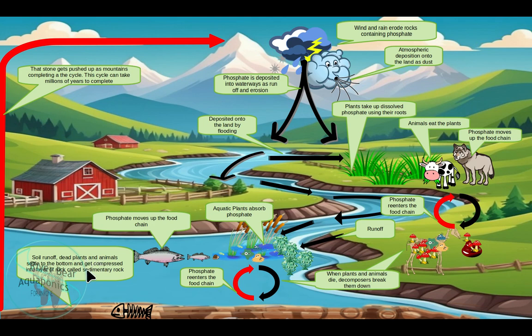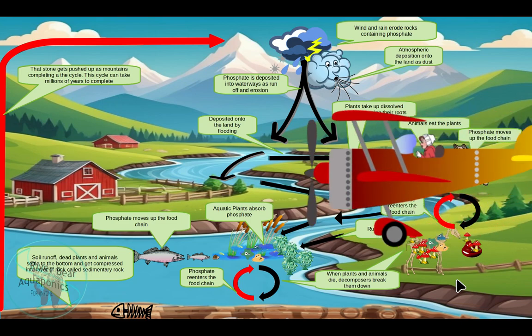The dead animals and plants will eventually settle to the bottom, where they get compressed into sedimentary rock. Over millions of years, those layers develop, and eventually geologic forces push that up onto land again, creating new mountains, new rock ways, and the cycle is completed. This is the natural, non-human-involved phosphorus cycle.